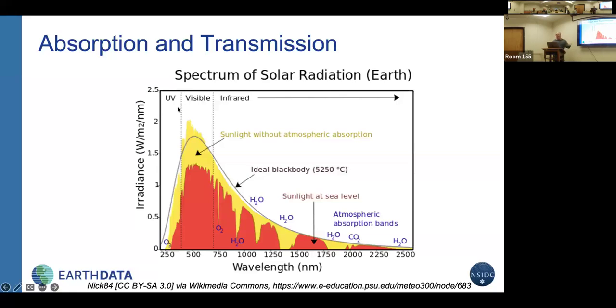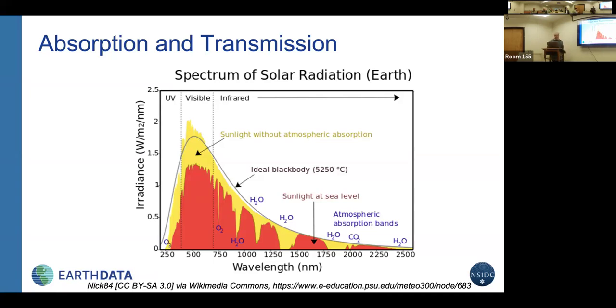There's the UV light, which we all know from sunburns and suntans, visible that we can see, and then out into the infrared. The yellow is basically at the top of the atmosphere as it hits the atmosphere. So that's everything coming from the sun. And then, of course, going through the atmosphere, some of it gets reflected or absorbed, and then you end up with, at the surface, the red, essentially.